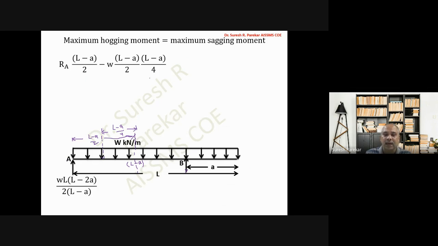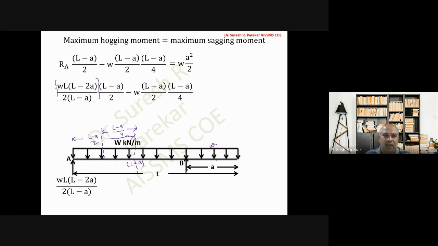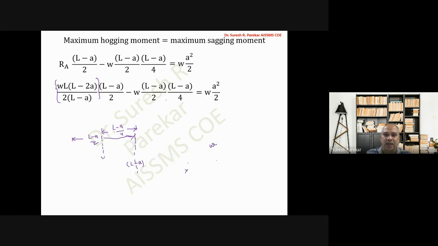This equals WA square by 2, because at the support we have W into A by 2 into A. Substituting the value of RA, WL into L minus 2A upon 2 into L minus A, into L minus A by 2 minus the same part, equals WA square by 2.